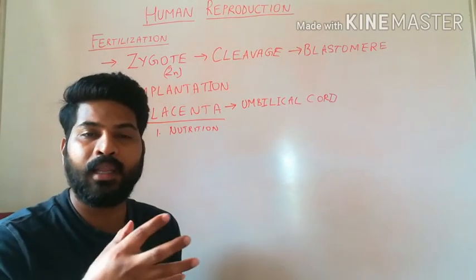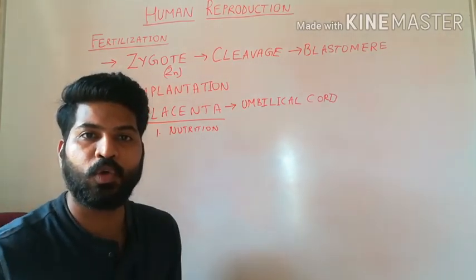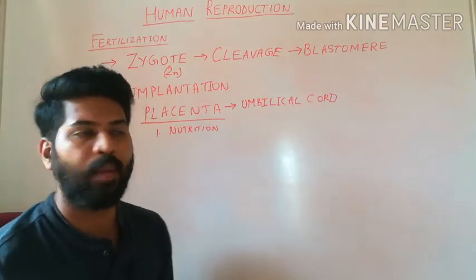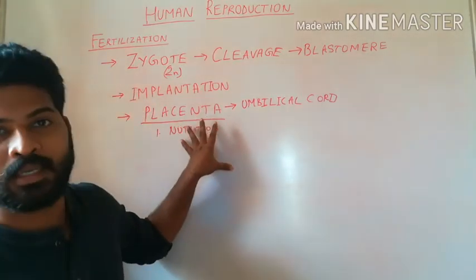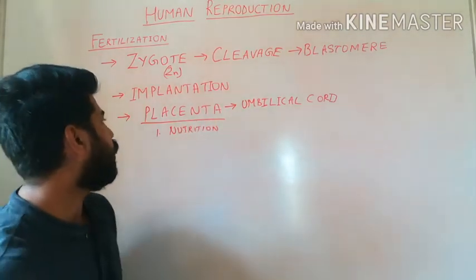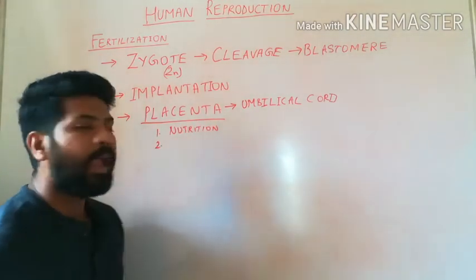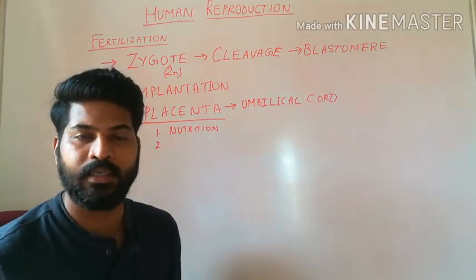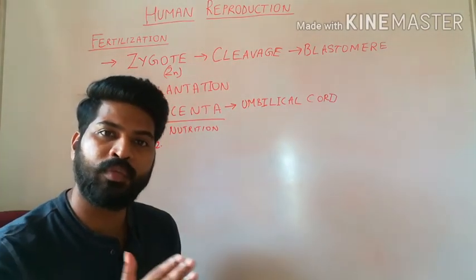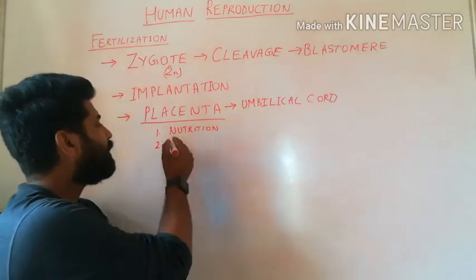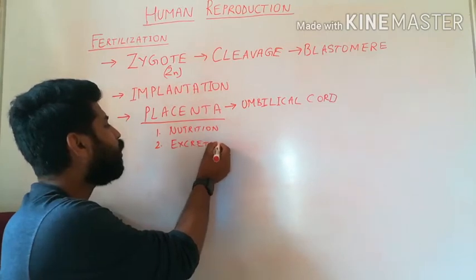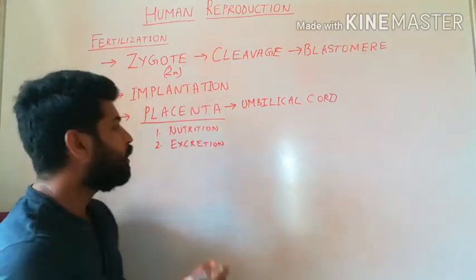From the maternal tissue, glucose and other nutrients are transported to the embryo through the placenta. Not only that, the end products of nutrition, that is waste materials, need to be excreted out of the embryo. Therefore, the placental tissue will also help in excretion of metabolic wastes from the embryo.